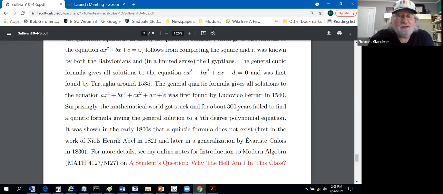Well, the reason they got stuck is there ain't such a formula. It was shown in the early 1800s that a quintic formula does not exist. This was shown first in the work of Niels Abel in 1821, and was later generalized by Évariste Galois in 1830.